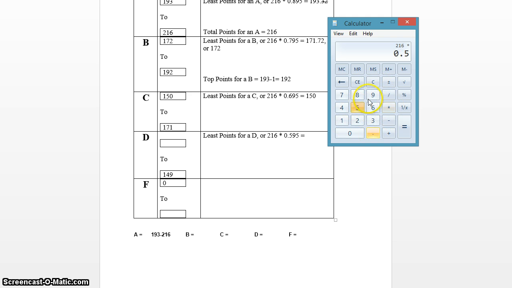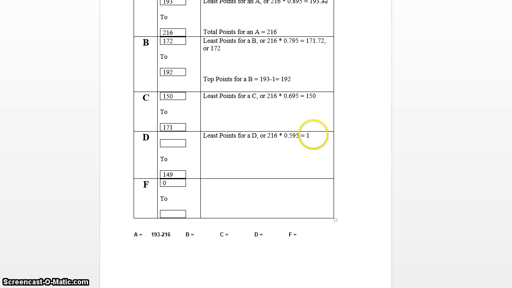Times 0.595 is equal to 128.52, or 129. Okay? So 129 is the bottom of the D range, so we know the top of the F range is 128. That will give us our ranges now.